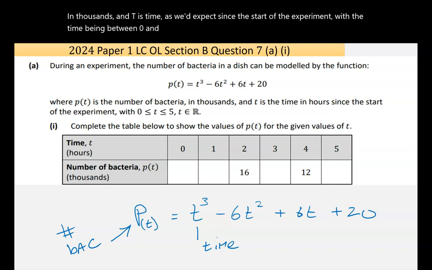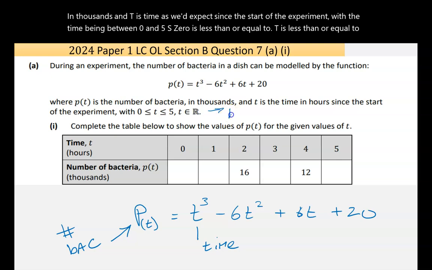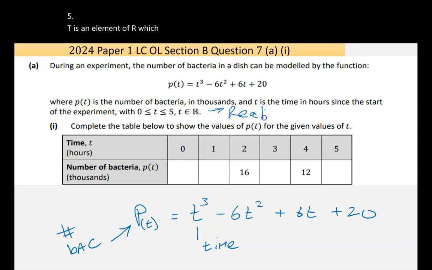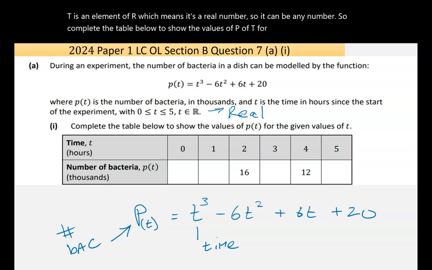So 0 is less than or equal to t, is less than or equal to 5. t is an element of R, which means it's a real number, so it can be any number. Complete the table below to show the values of P of t for the given values of t.